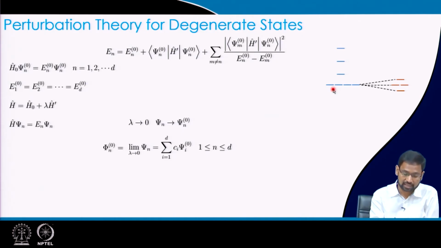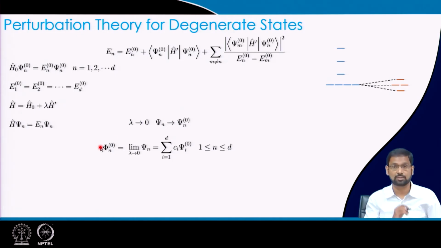Instead of calling it psi n 0, I say that when I remove the perturbation, I come back to this phi n 0, which is simply some linear combination of these psi i zeros. The coefficients of this linear combination Ci are something that I do not know. I would first like to obtain them, but we will see how we can obtain them and also go ahead with perturbation theory. So, this is my 0th order function, starting function.